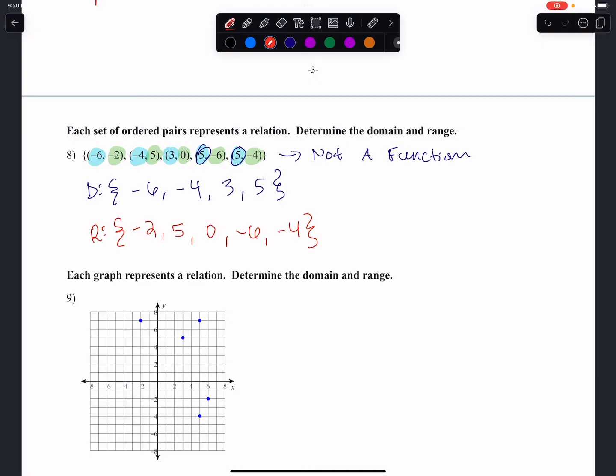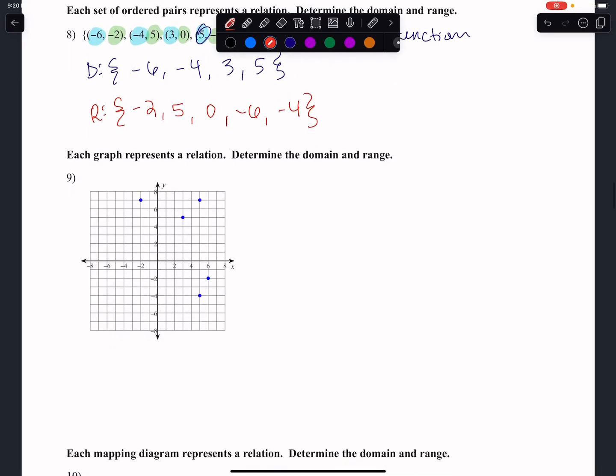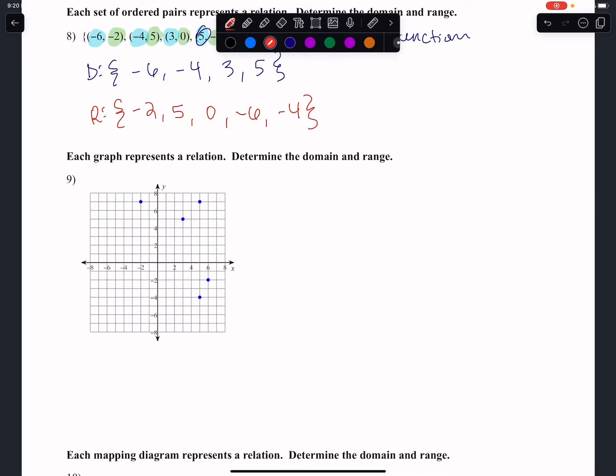Now, on the next one, I have a set of points. How can I figure out what the domain of these points is? So for me, the first thing I would do is go ahead and label all of these A, B, C, D, E. Point A is where? -2, 7. Point B is where? 3, 5.